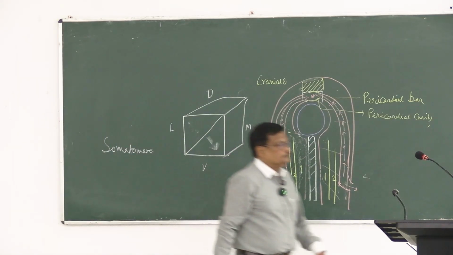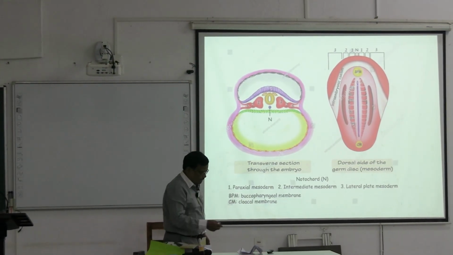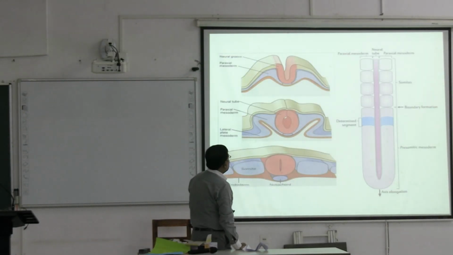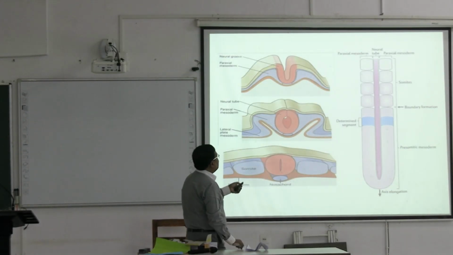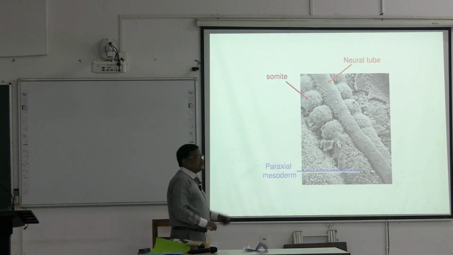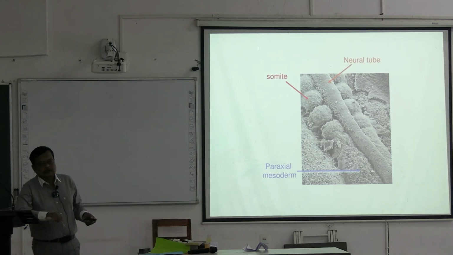ছবি দেখো, এই যে সোমাইটস অ্যাপিয়ার হচ্ছে। This is a scanning electron true picture from by the electron microscopy.